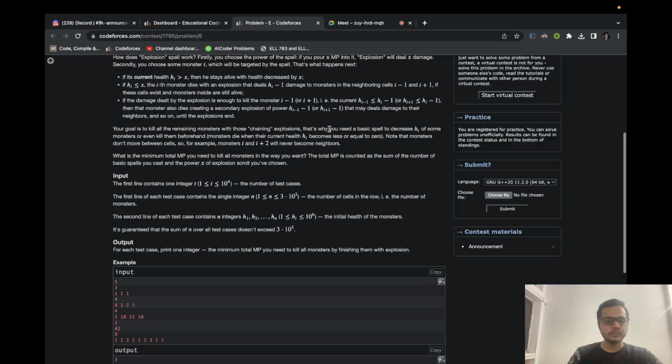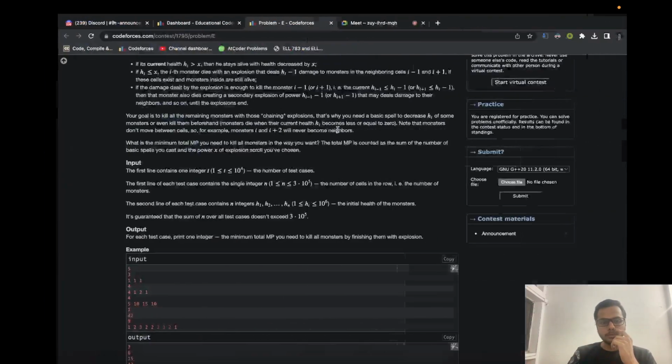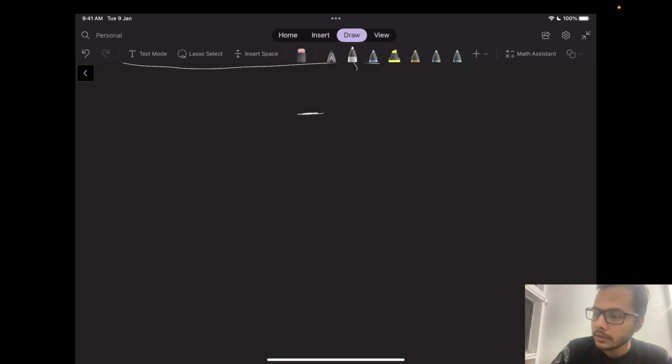Okay, so that's it. So here's the catch of this problem. We look at our end goal. Our end goal is that we'll choose some index i, and we'll perform the operation on i, and we expect every monster to die after this operation.